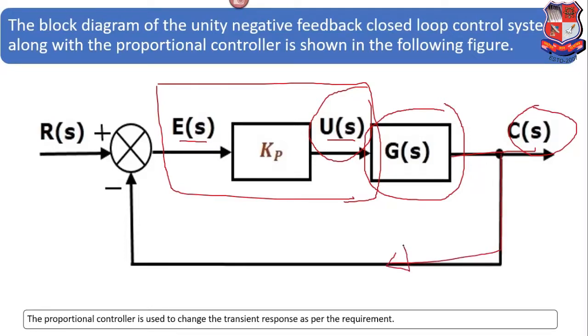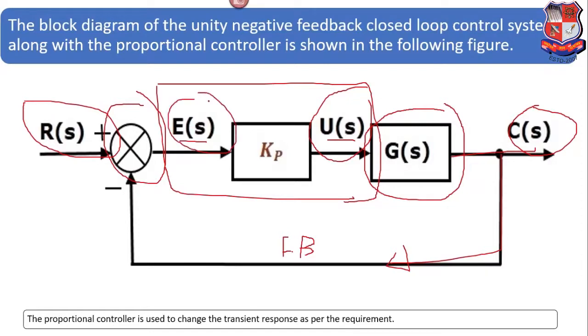This feedback goes to a summing point. So whatever the reference input R(s) is, and whatever output we get by means of feedback, we have to create the difference between the reference signal and the output. So it creates the error.